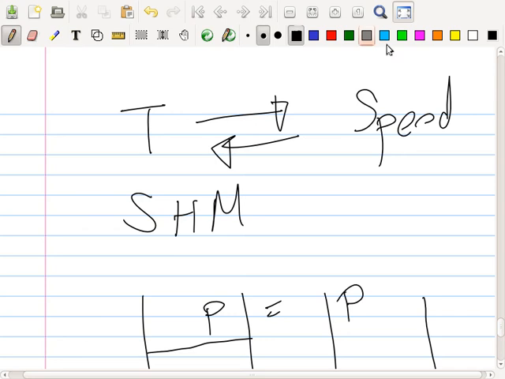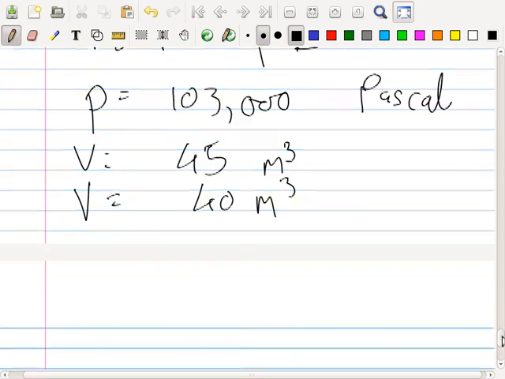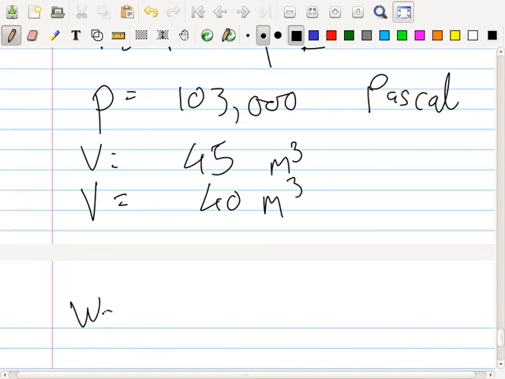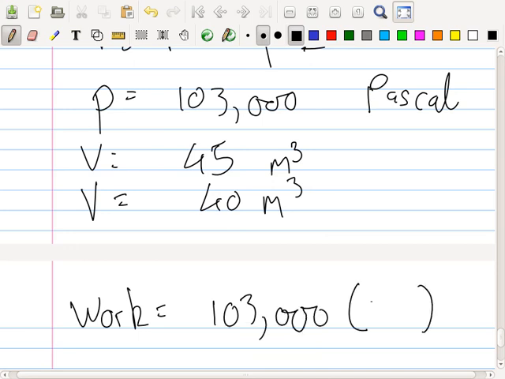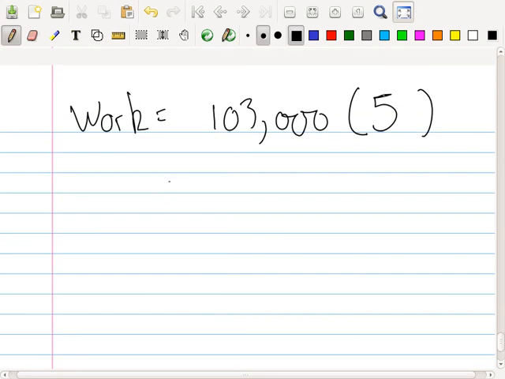So the formula is kind of simple. Work will equal pressure times what? What will I put here? The first V minus. So that equals 515,000 joules.